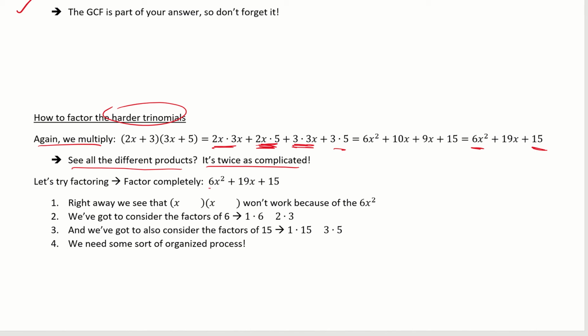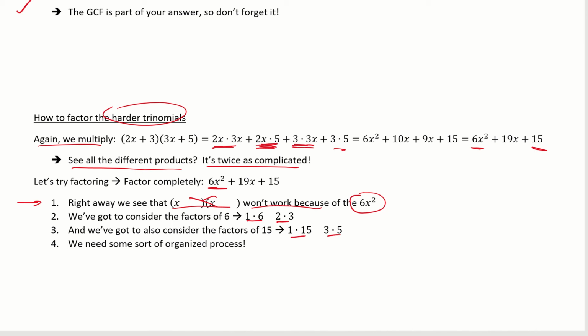Okay, let's try factoring this guy. The first thing you notice is right away, we can't just factor it the simple way. It won't work, okay? Because of the 6x squared, we've got to consider the factors of 6. There they are. We also have to consider the factors of 15. There they are. And we need some sort of organized process.